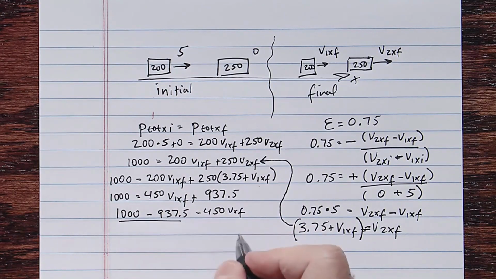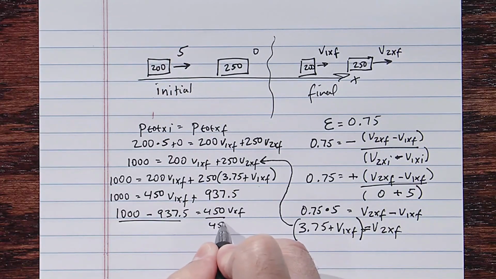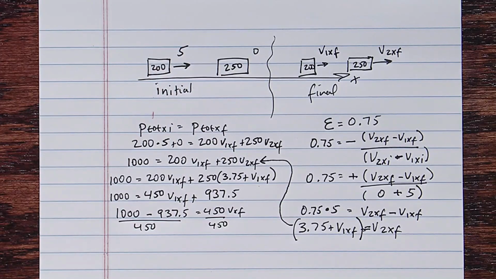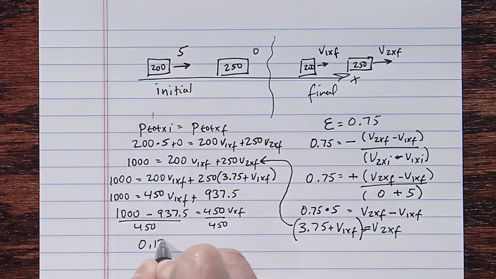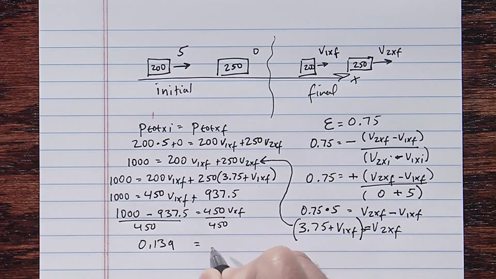So I will also divide both sides by 450. And that gives me 1,000 minus 937.5 divided by 450 is 0.139 equals Vx final.